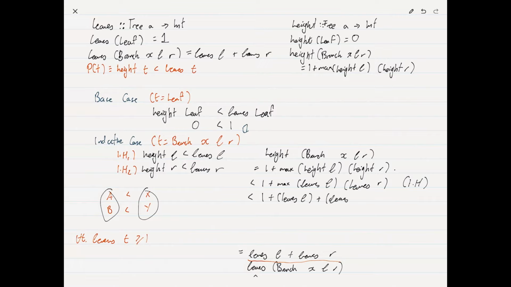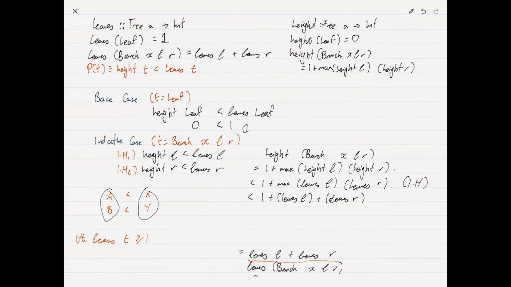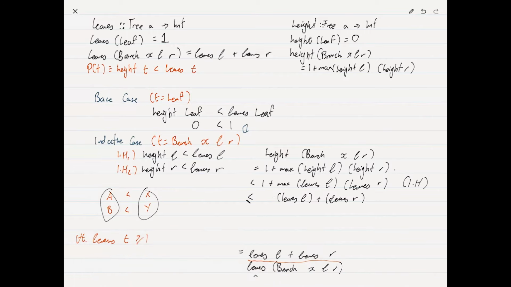But we have this property now that this is strictly smaller than leaves of L plus leaves of R. But we want to get rid of this 1 plus. So if I were to then subtract 1 from this, I would no longer have the guarantee that it's strictly less than, so I would change this to less than or equal to and get rid of the 1 plus.